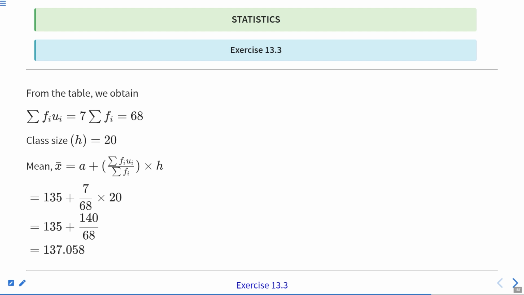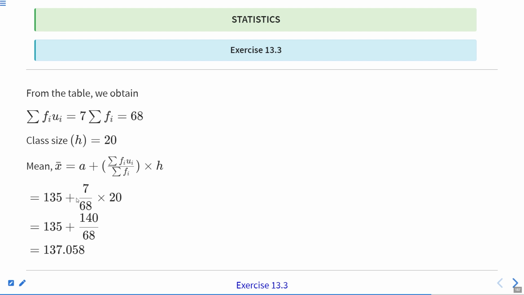Okay, and summation fi ui is equal to 7, and summation fi is equal to 68, and h is equal to 20. So now if we substitute these values in this formula, then we get the mean x bar is equal to 135 plus 7 by 68 times 20.